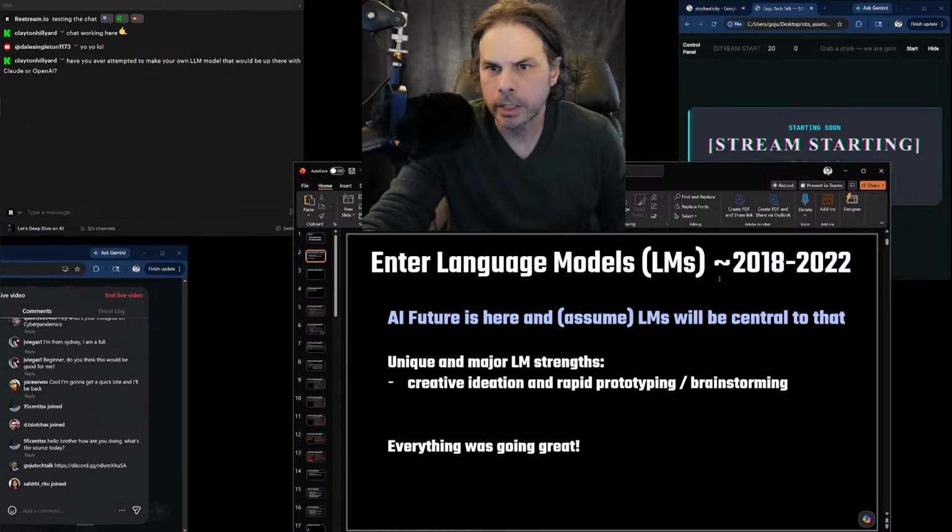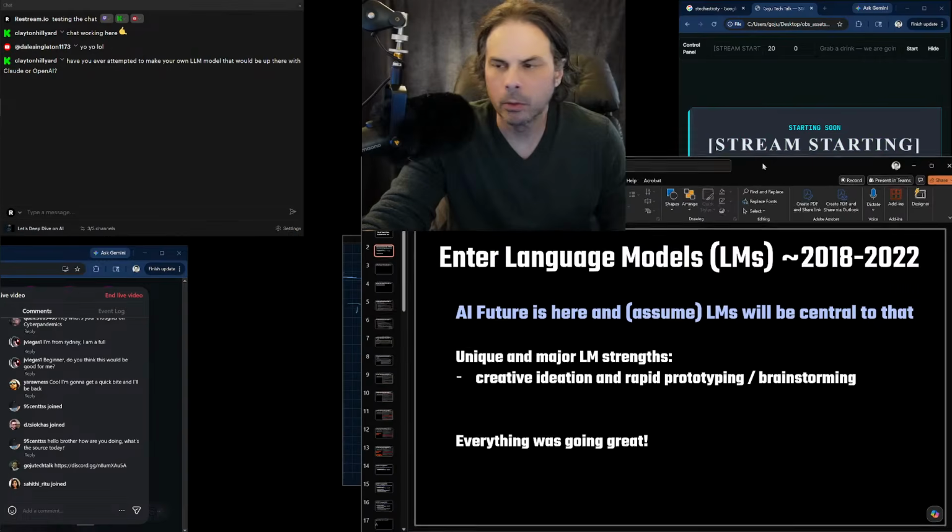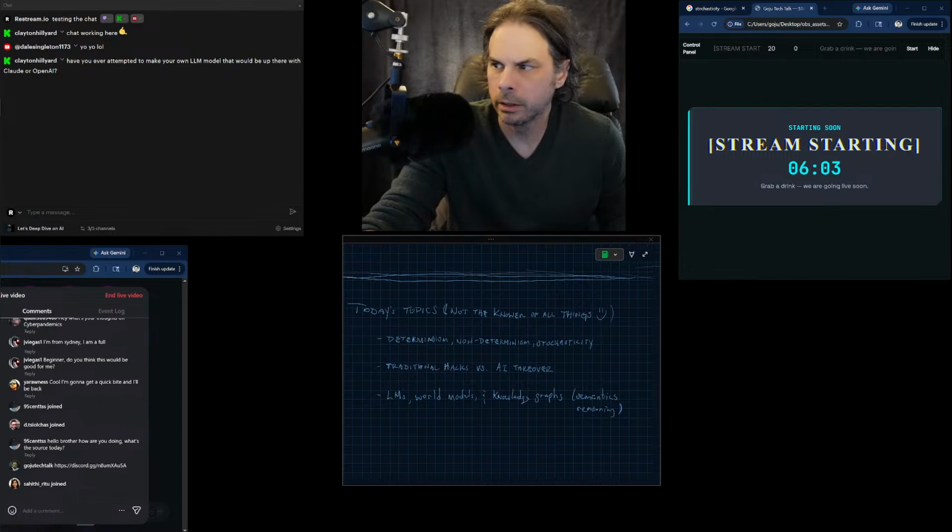Have you ever attempted to make your own LLM model that will be up there with Claude or OpenAI? Not yet, Clayton, but we have done some fine-tuning and refinement of small language models.